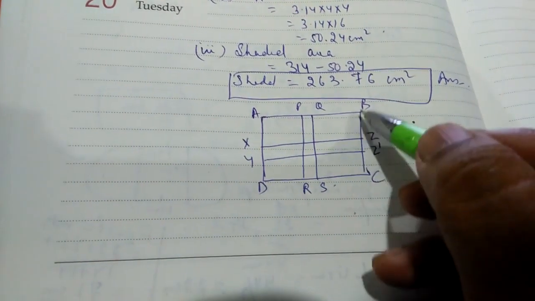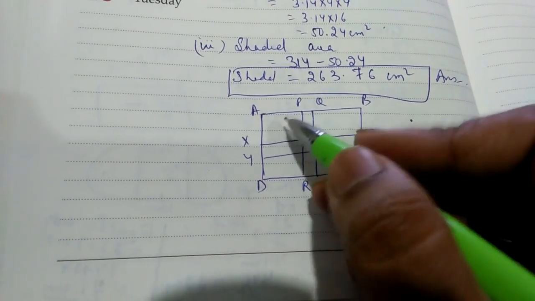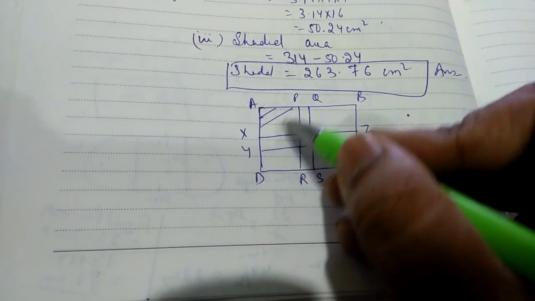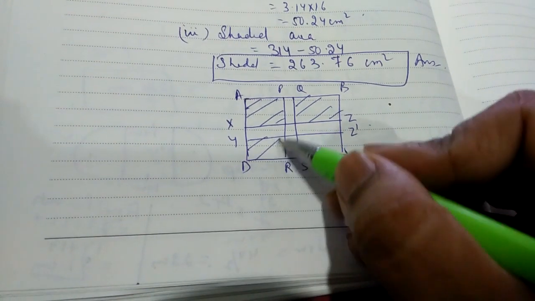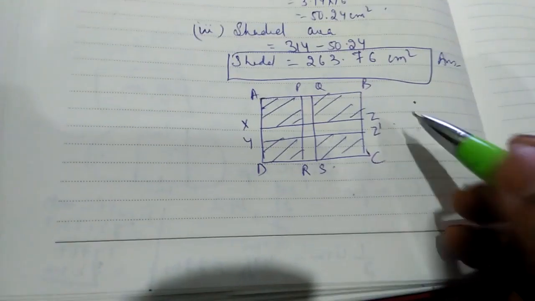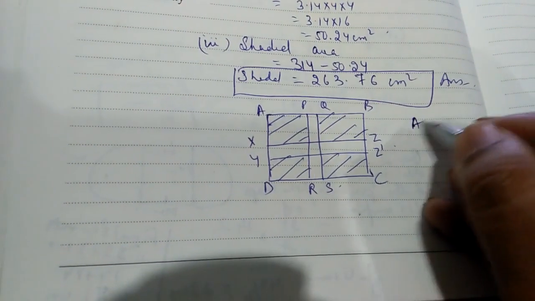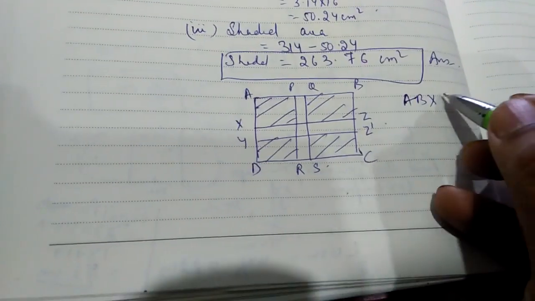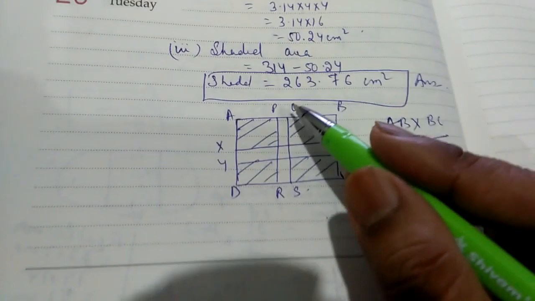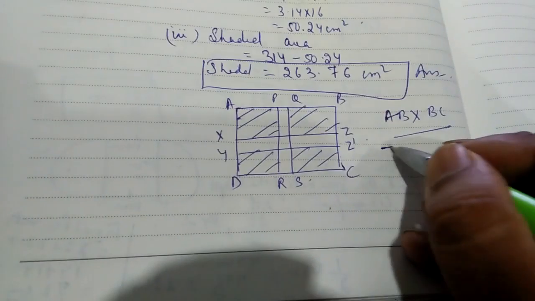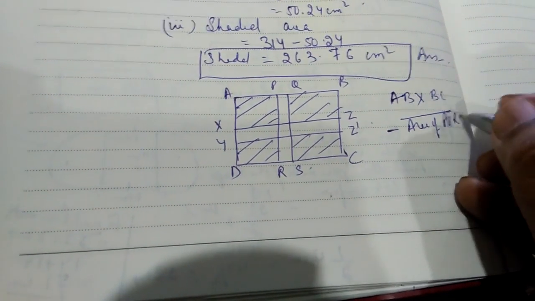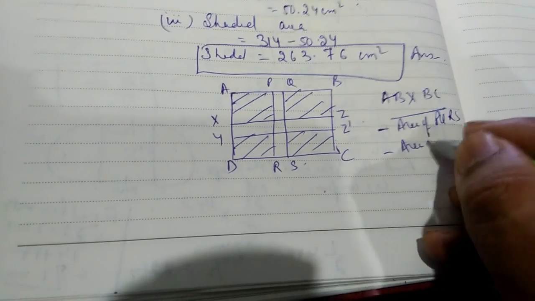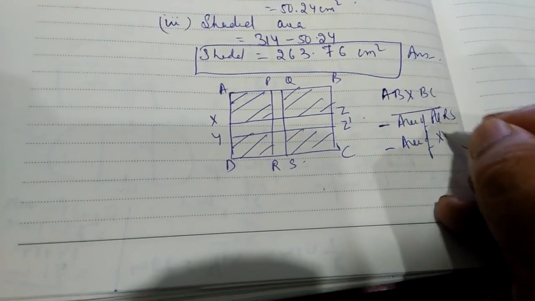So just in case you have been asked what is this area. What is this area? So AB into BC, length into breadth, minus area of PQRS minus area of X, Y, Z and Z dash.